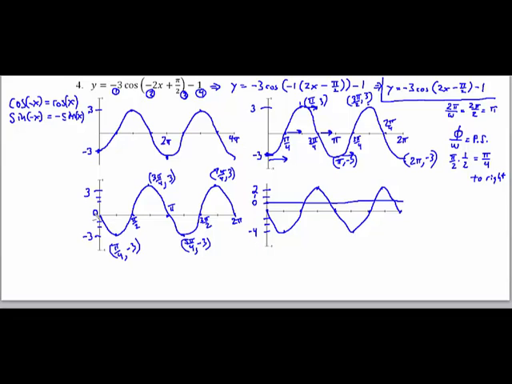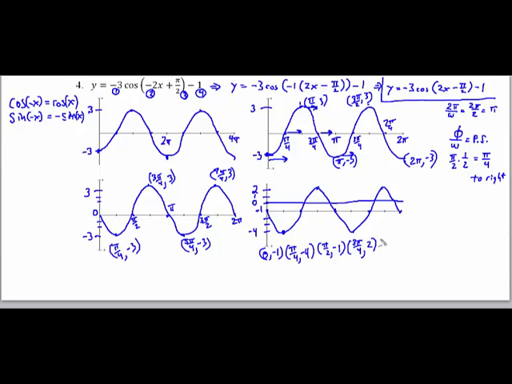The origin used to be 0, 0, and is no longer 0, 0. This initial point is now at -1, so that's the point 0, comma, -1. And then down below here, this is pi over 4, comma, -4. Then pi over 2, comma, -1. Then at the very top, we have 3 pi over 4, comma, 2.